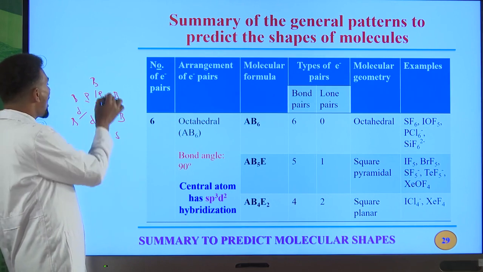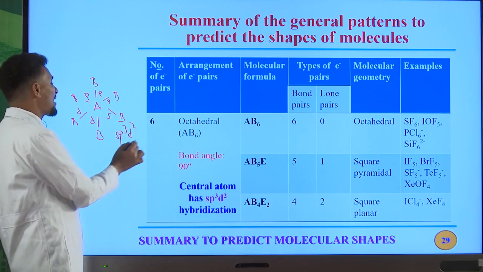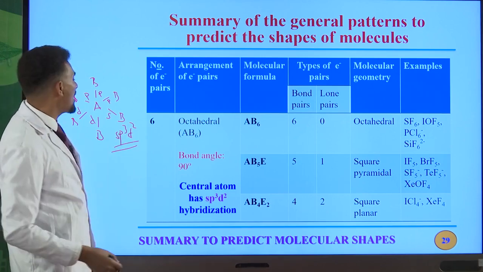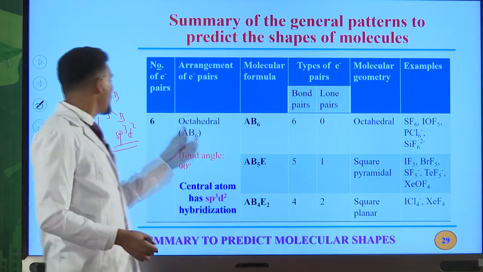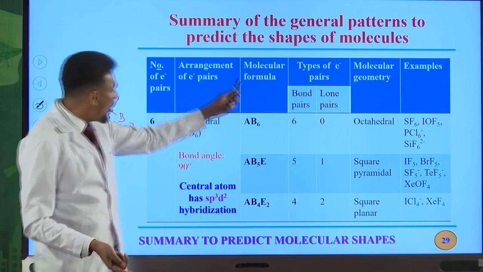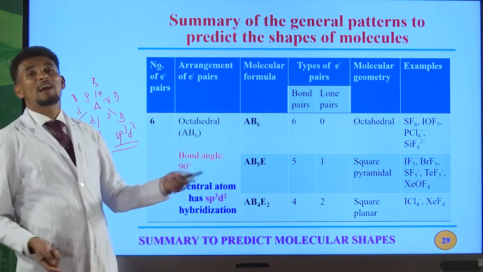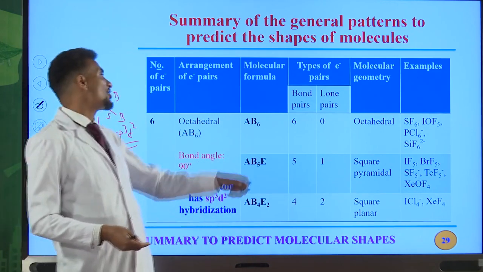So s, how many p orbitals? p3. And totally we have 2 d orbitals. sp3d2 is the hybridization for the central atoms for all of them. If you have a lone pair, give one orbital for that lone pair. For all of them, the hybridization for the central atom is sp3d2.